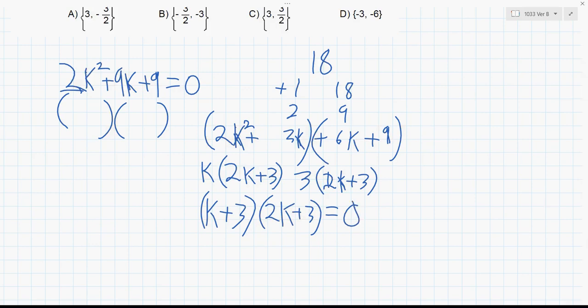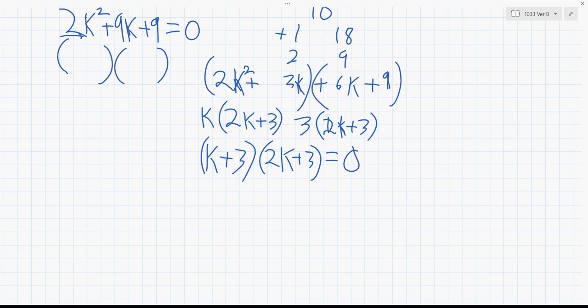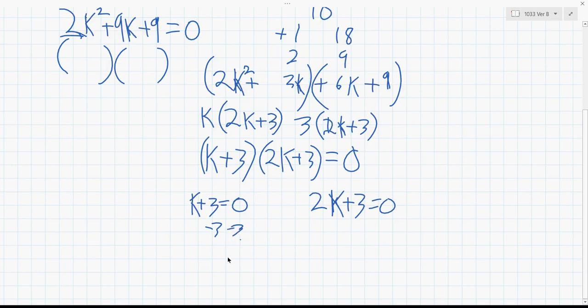Now we have to set each of these factors equal to 0. So k plus 3 equals 0, and 2k plus 3 equals 0. Subtract 3 from both sides on the first one, so k can equal negative 3.